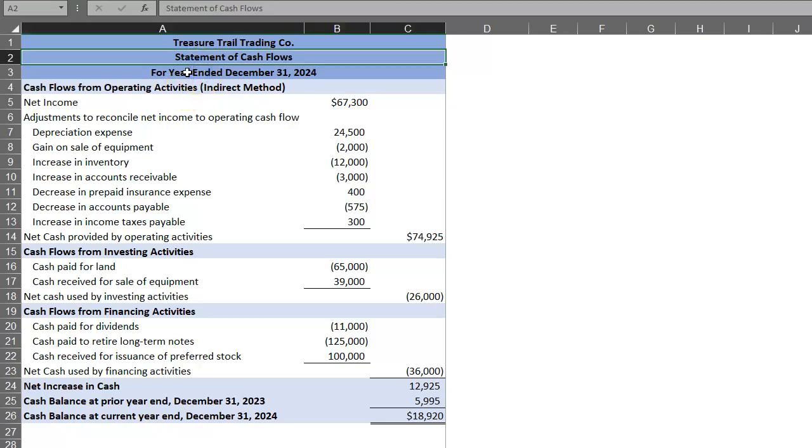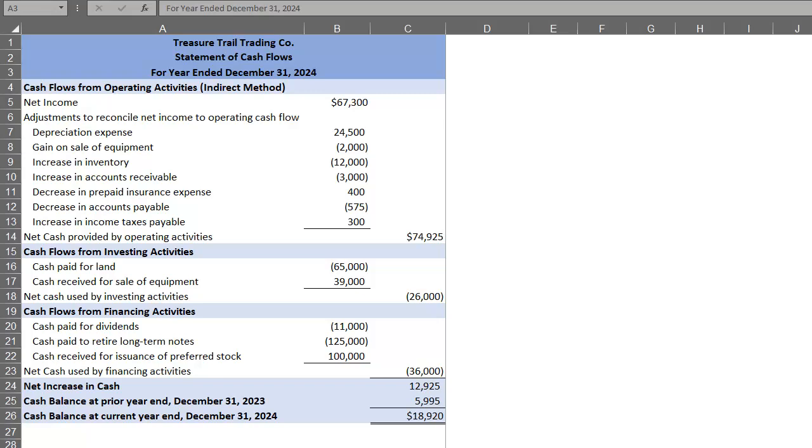In the third row, looking at cell A3, this tells us the date of the financial statement. This particular statement of cash flows is showing us the company's cash flows for the year of January 1st, 2024 to December 31st, 2024.